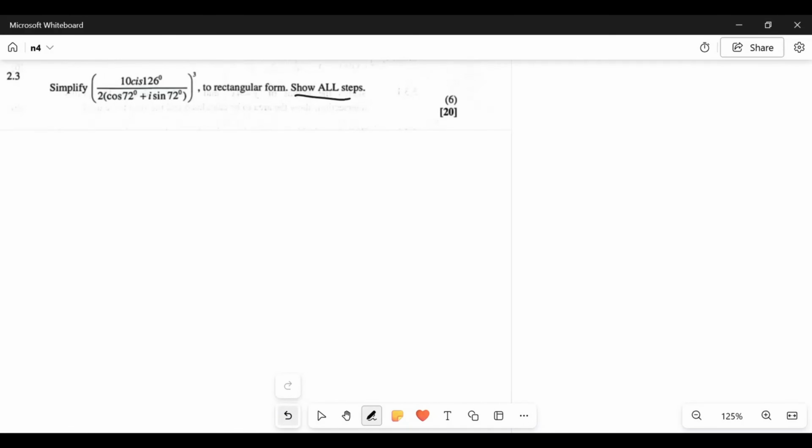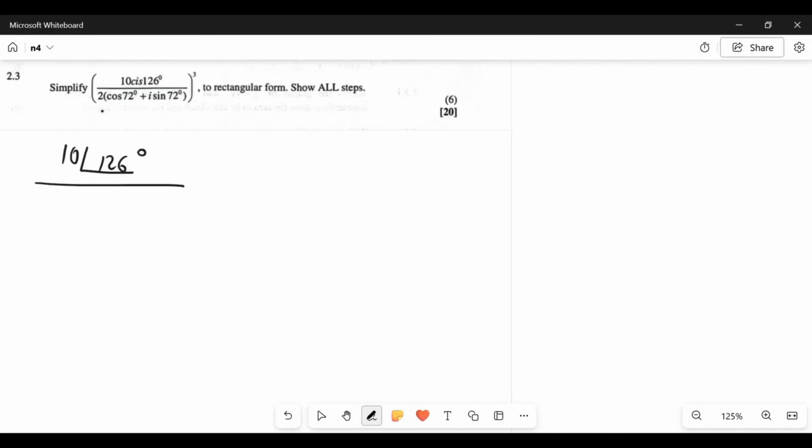So what you're going to do here, as you can see, we have a fraction and we also have the power there for both numerator and denominator. Now, if I look at the numerator, we have 10 cis 126 degrees. This here is actually polar form. So we can rewrite it like this: 10 polar 126 degrees divided by.